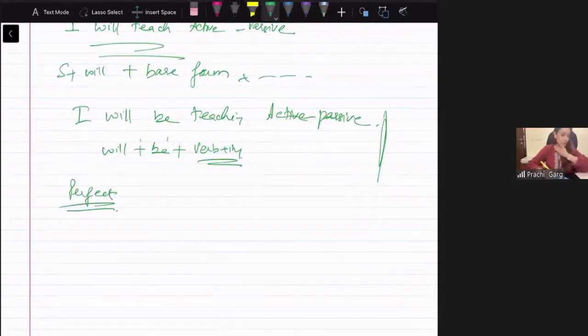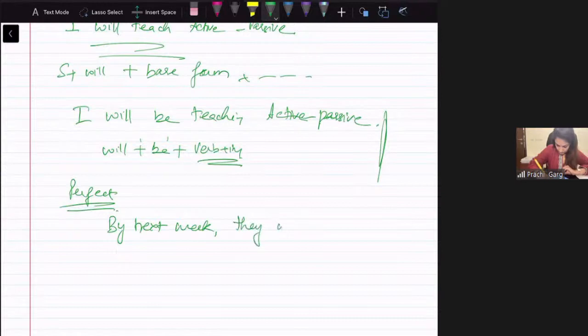Now in perfect, the sentence will be: by next week they will have earned lots of money.